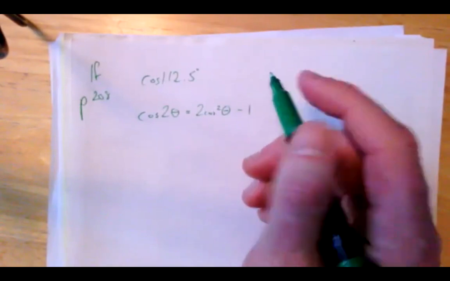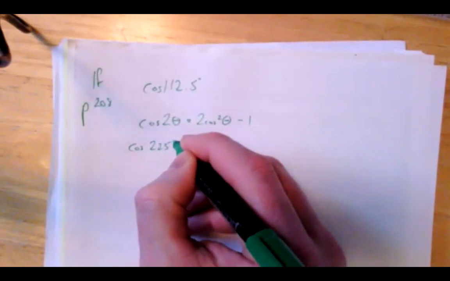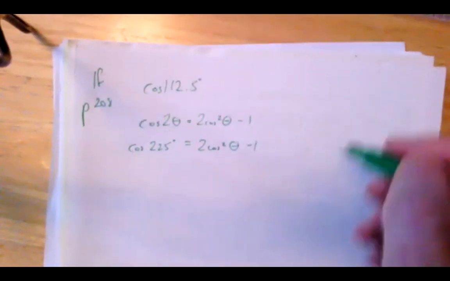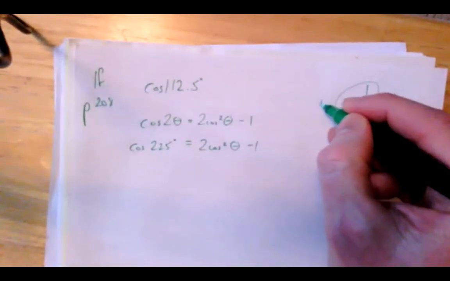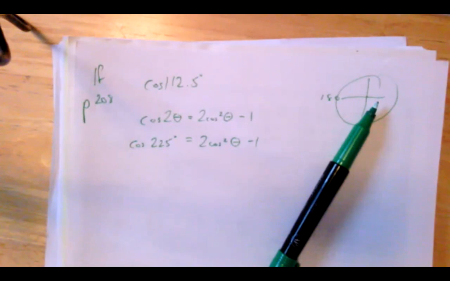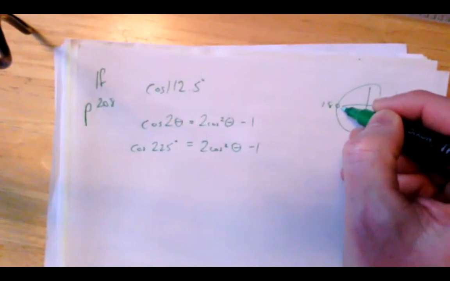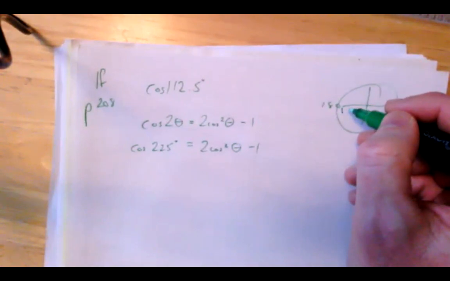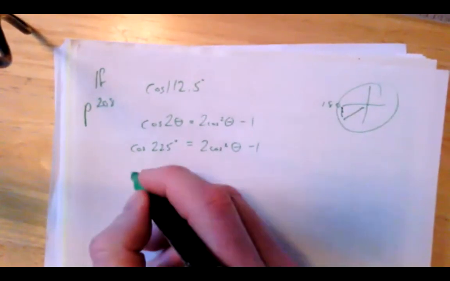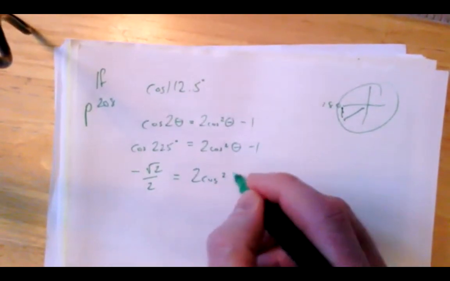So the cos of 2 theta is the cos of 225 degrees, which equals 2 cos squared theta minus 1. Cos of 225 is 45 past 180, so it's negative root 2 over 2, equals 2 cos squared theta minus 1.